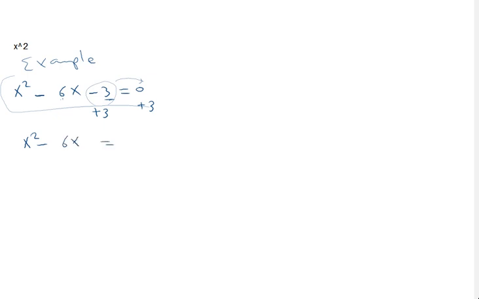So x squared minus 6x equals 3. I will add the term (b/2a) squared, which equals minus 6 over 2, squared. This term is equal to 9, 3 squared.